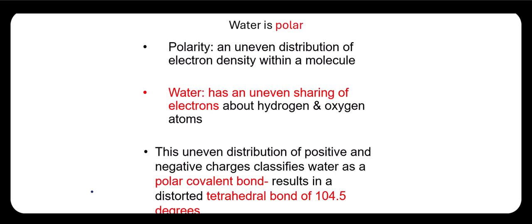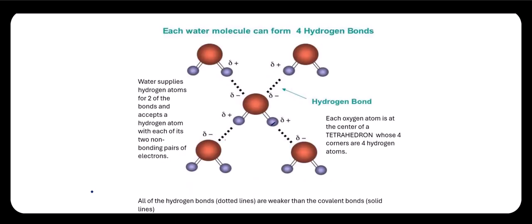The other thing is, let me go back, this molecule forms a tetrahedron. So we have these four corners that are the four other hydrogens or the four other water molecules, four other hydrogens hanging out, forming a tetrahedron. So you'll see here, water has a tetrahedron shape.